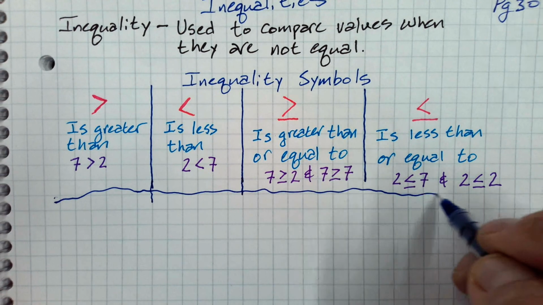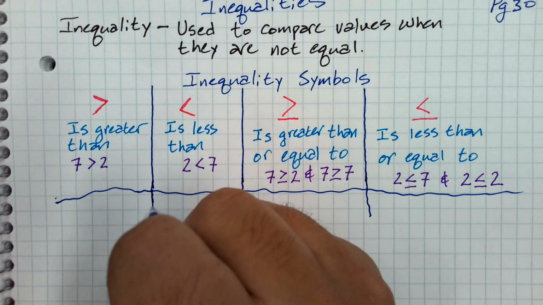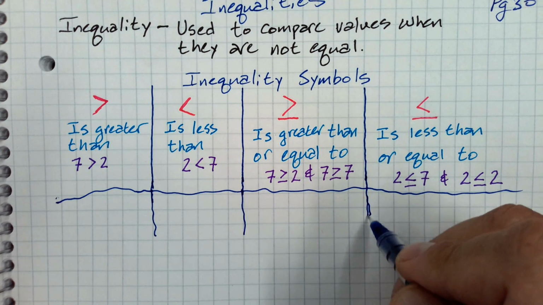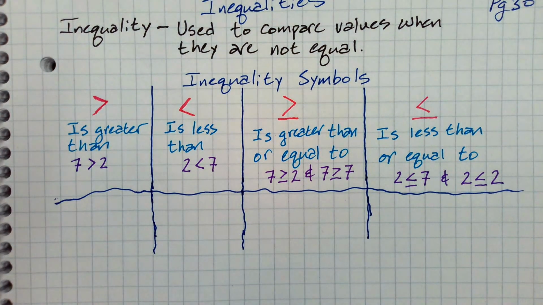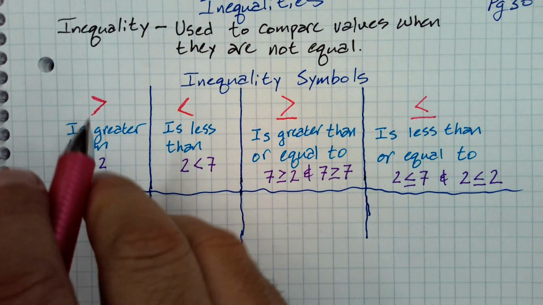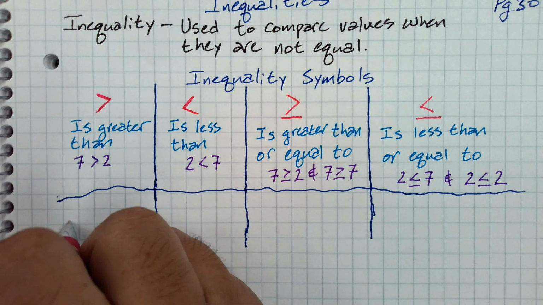Now we're going to continue our table. Can you think of words that tell us when we're using one or the other? I'll give you one for greater than or equal to. Have you ever said more than?